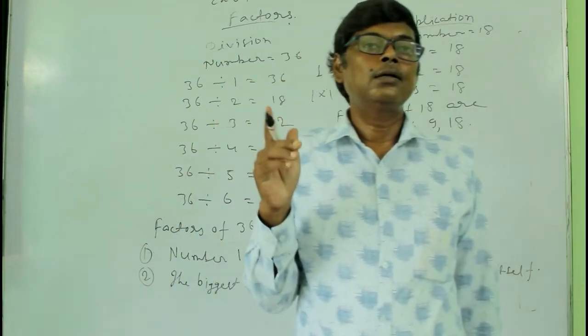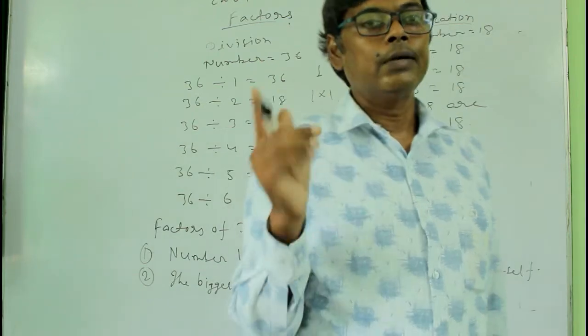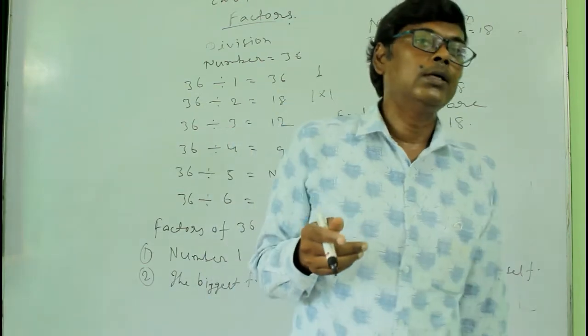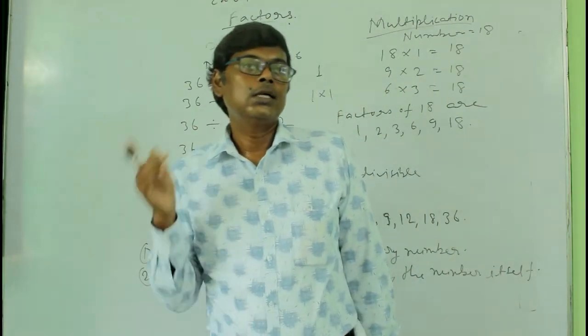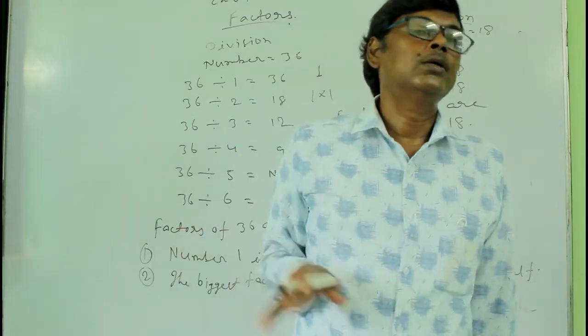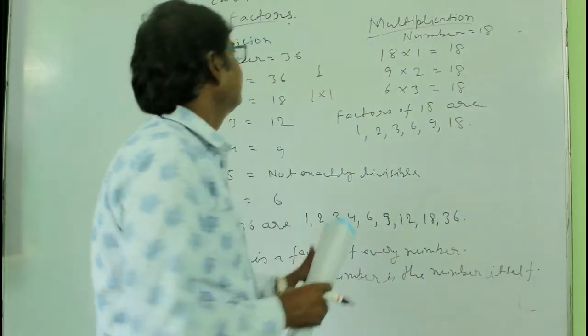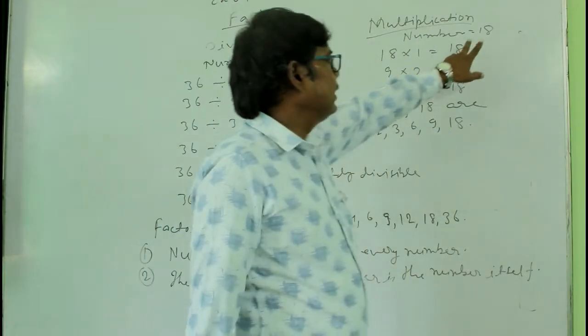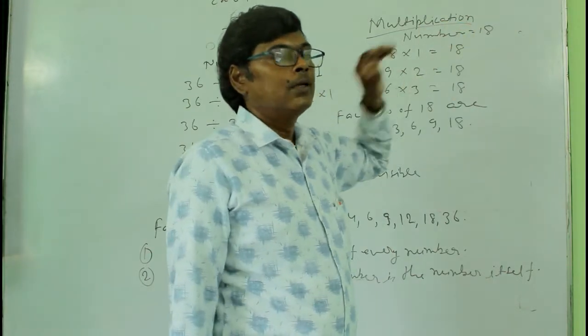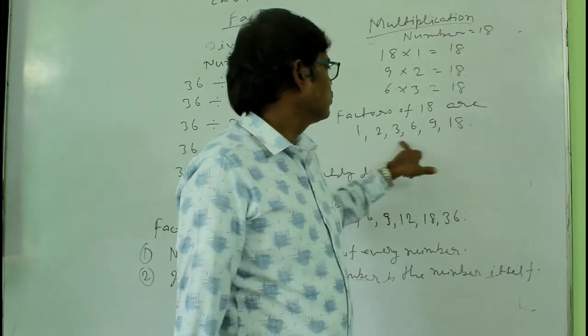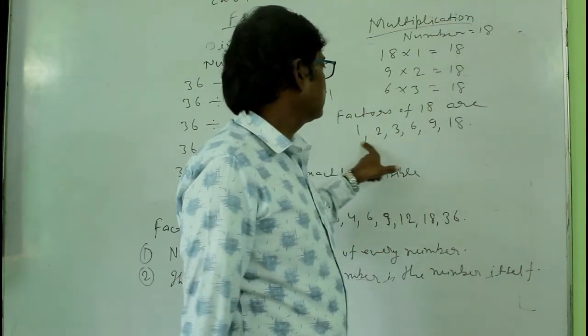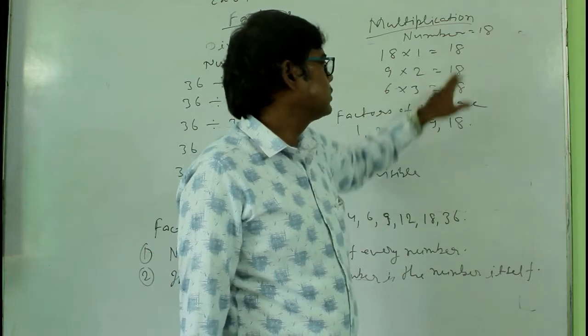The factor of a number is either less than the given number or equal to the given number. For example, here we have the number 18. In this 18 we have found the factors, so see that all the factors are less than 18 except 18.